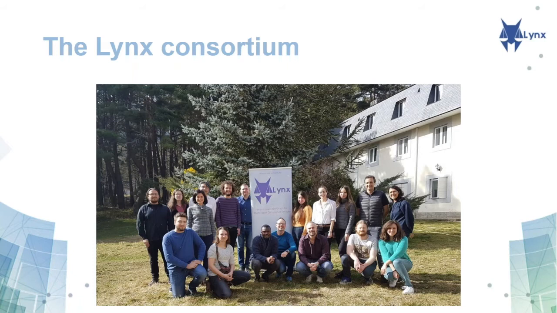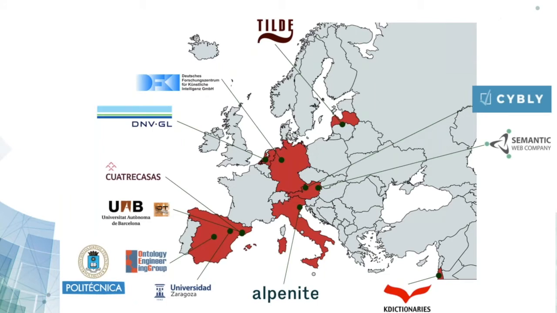Yes, this is the Lynx Consortium in the mountains of Madrid, a team of excellent researchers, developers, scientists, men and women coming from different institutions that I will detail in the next slide. As you can see in this map, most of the partners of the project are located in Europe, and one of our partners is an Israeli company, K Dictionaries, a dictionary data provider.